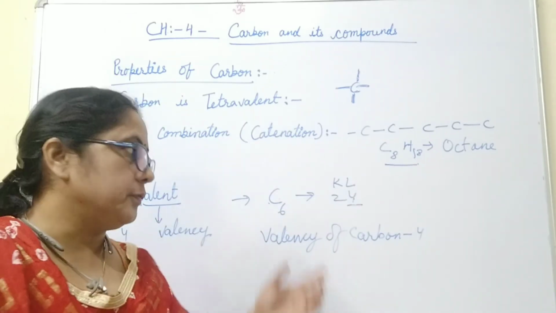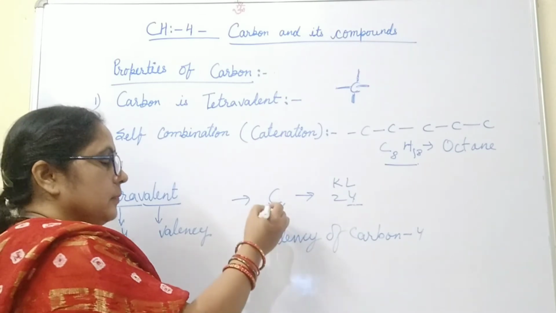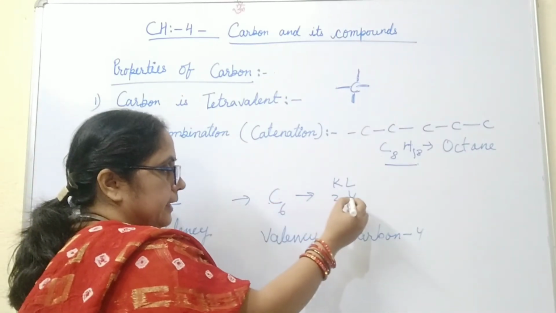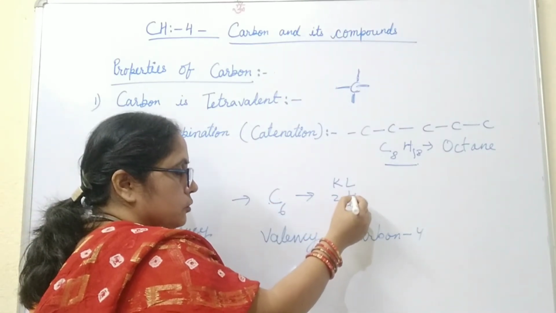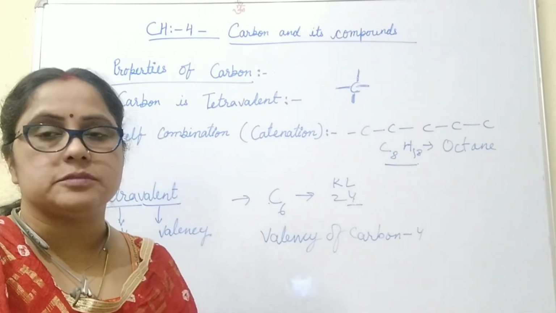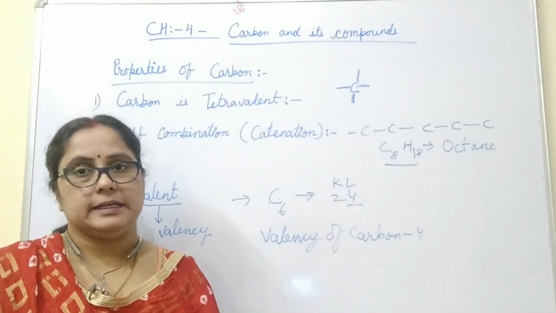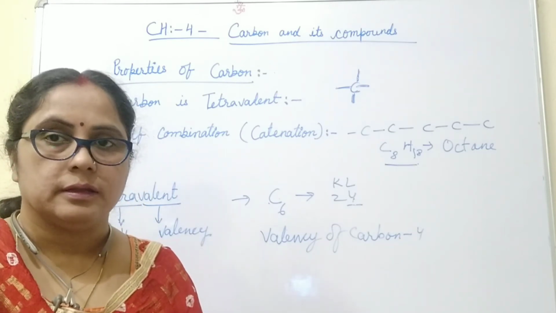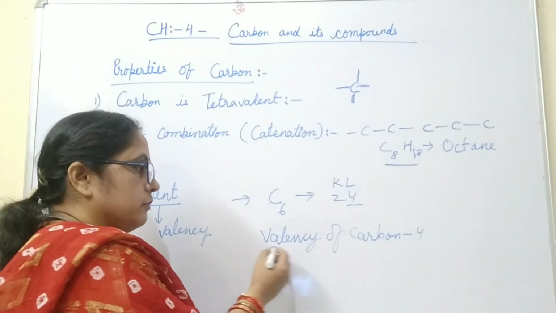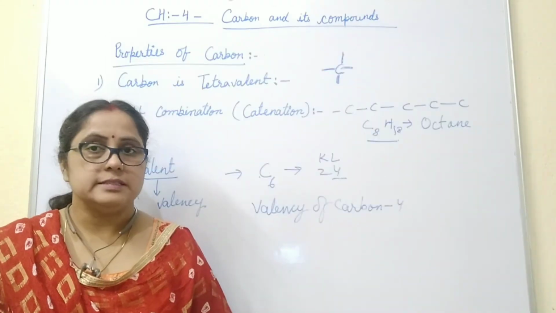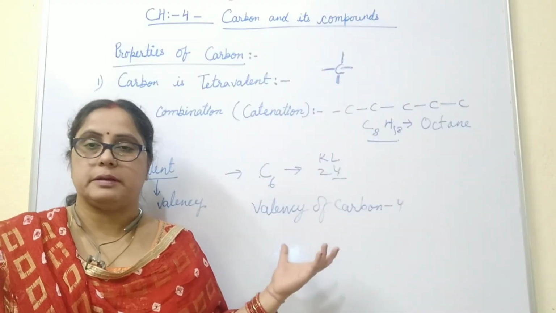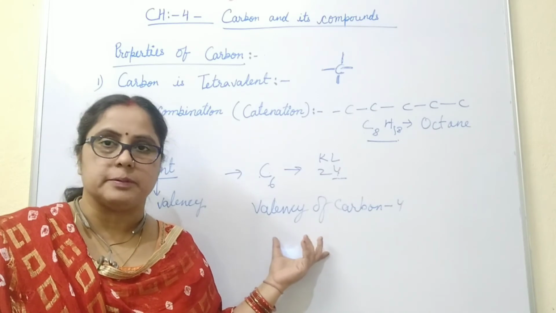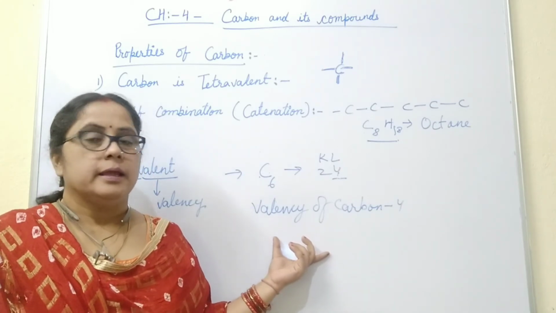The valency of carbon is 4 because each carbon atom contains 4 valence electrons. So each carbon atom requires 4 more electrons to achieve the inert gas electronic configuration. Therefore, the valency of carbon is 4. Valency of an element, as I told you in previous classes, is the combining capacity of an element.